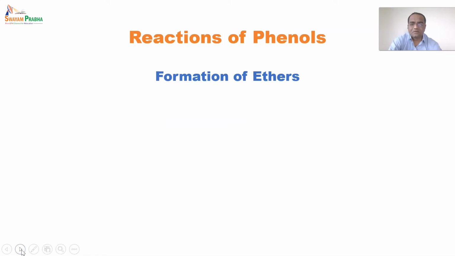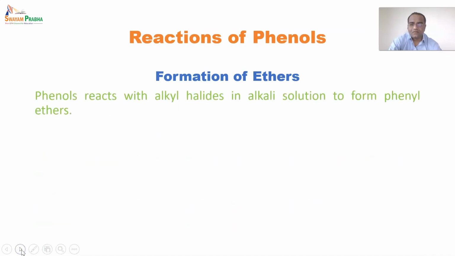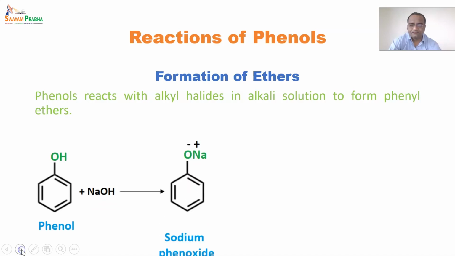Next, reactions of phenol. Formation of ethers. So phenols react with alkyl halide in alkali solution to form phenyl ethers. Phenol is added to an NaOH solution, forming sodium phenoxide, and now treated with an alkyl halide.